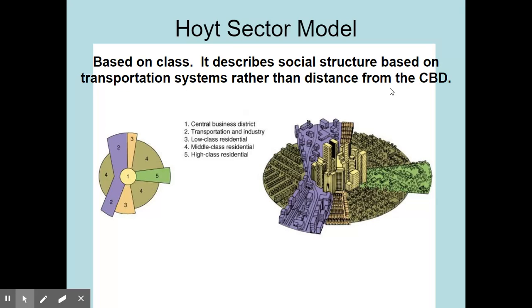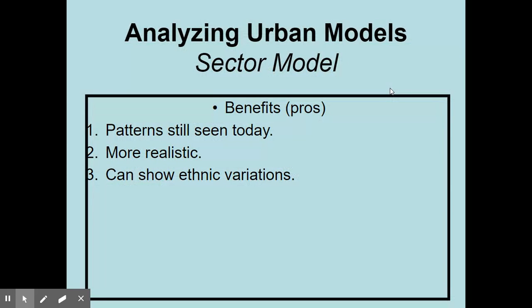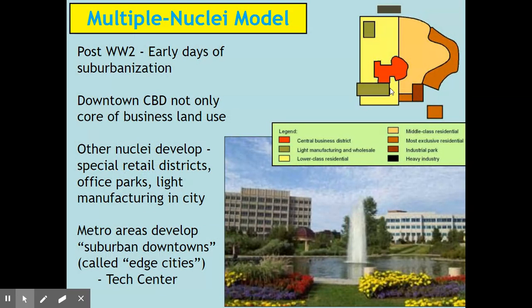And then by the time we're on the West Coast, if we think about the timeline of the United States development and industrial development, by the time we have the automobile, then that is how the multiple nuclei model develops.